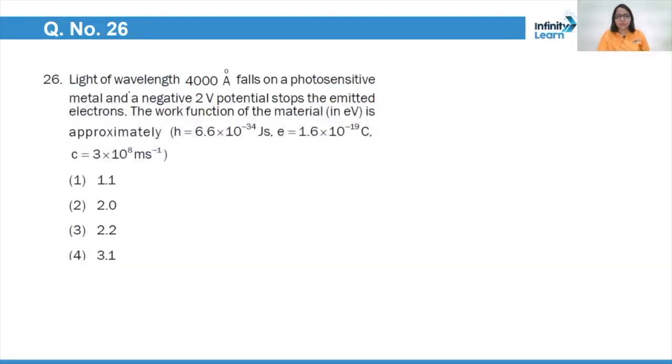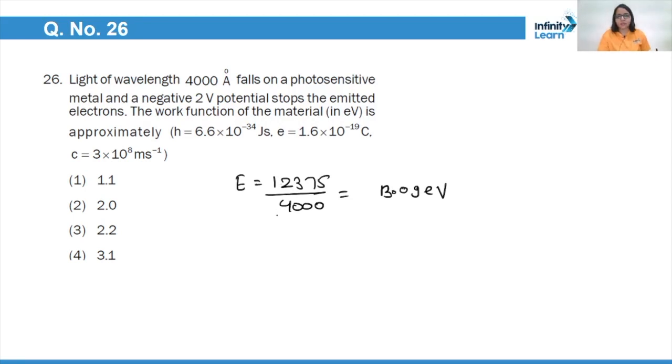Next is question number 26. Light of wavelength 4000 angstrom falls on a photosensitive metal and a negative 2 volt potential stops the emitted electron. The work function of the metal is approximately. So over here, energy will be 12375 divided by 4000. So it will be approximately 3.09 electron volt, right?